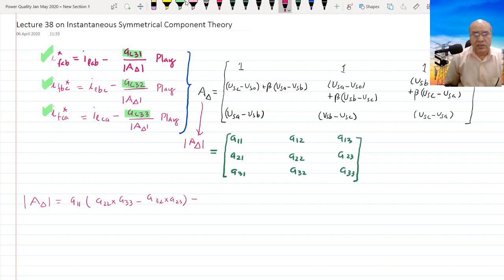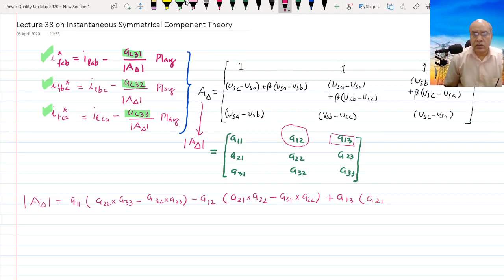Then minus A12, this factor, then A21 into A33 minus A31 into A23.